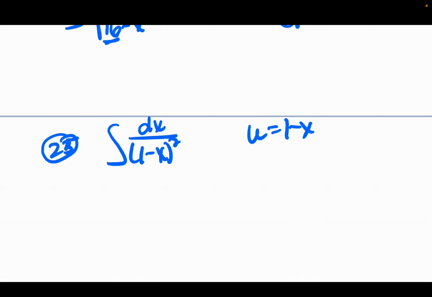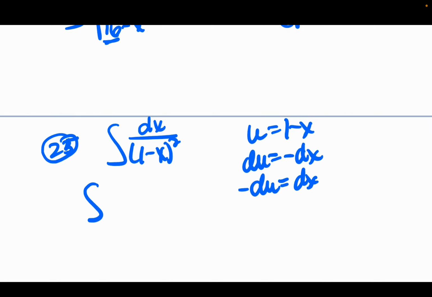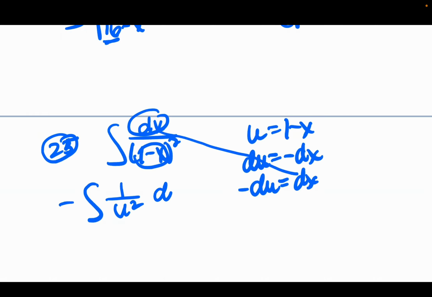25, so that we feel better about ourselves, is dx over 1 minus x squared. All right, we have a composite function. So I'm going to let u be 1 minus x. du is negative dx. So I get negative du equals dx. All right, so I have 1 over u squared. dx is negative du.